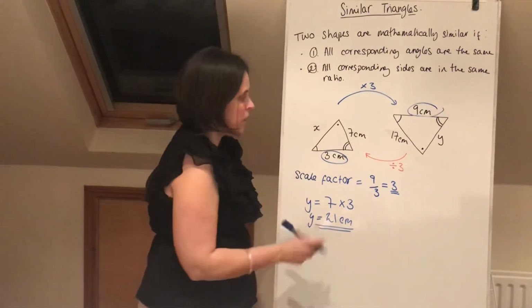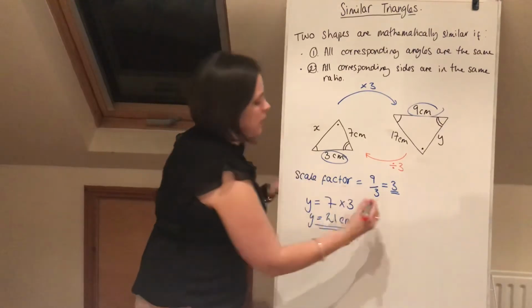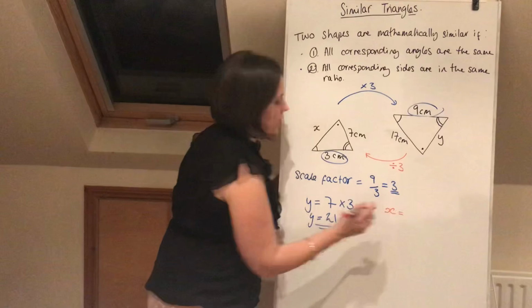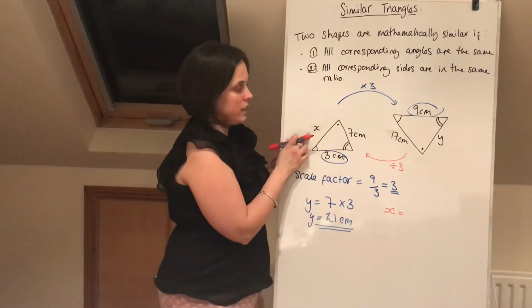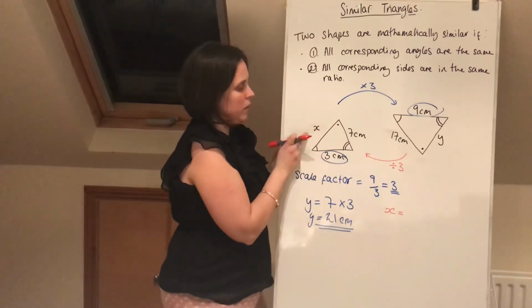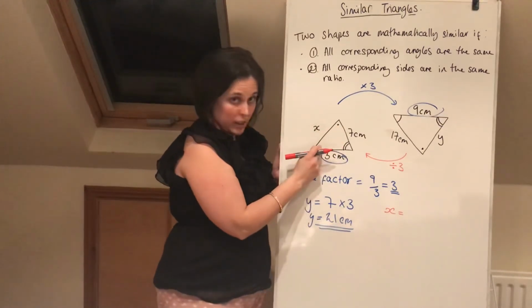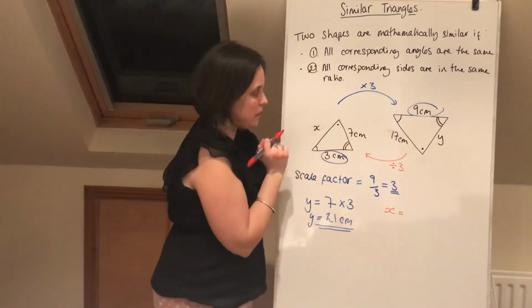Okay. Now we need to find x. Now for x, it's a little bit more tricky, but we can still do it, it's not a problem. So to find x then, okay, we need to find its corresponding side on the bigger shape. So x goes between the dot and the single line, so it's 17 centimetres.